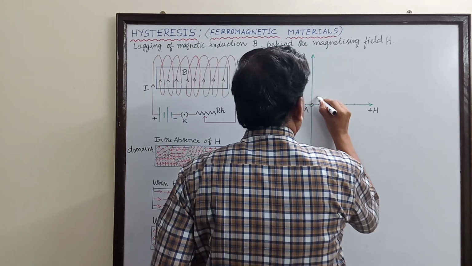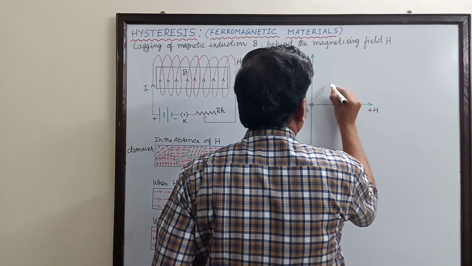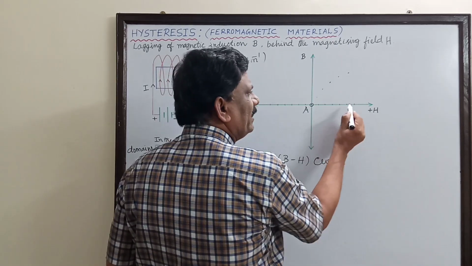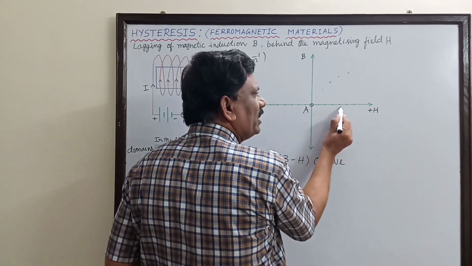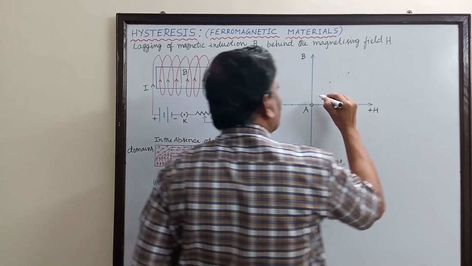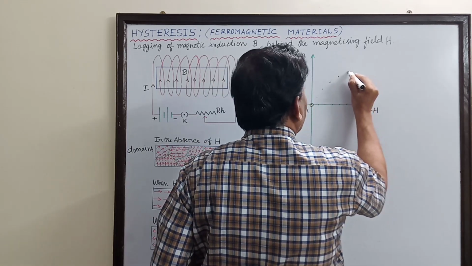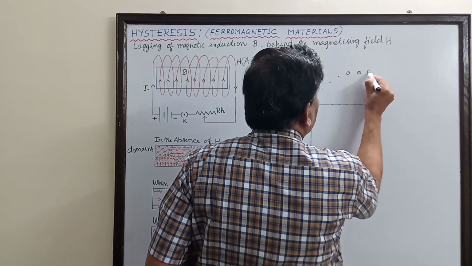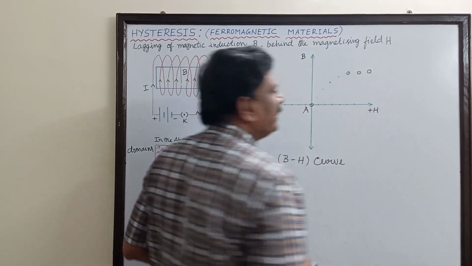So I will take that H is increasing like this, and you can see that as the value of H increases in the positive direction, these are all the various points. At one stage, saturation will be attained.